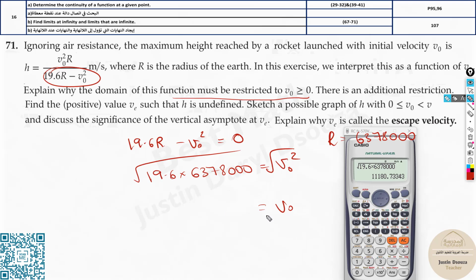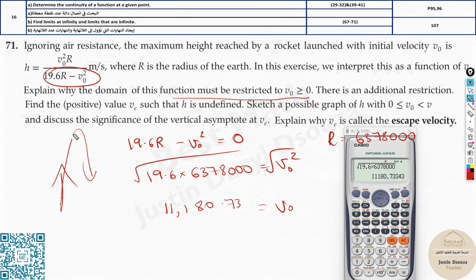So basically, VE is the escape velocity, right? When you launch a rocket, because of gravity, it's going to fall down eventually. But if you launch it with more than 11,180.73 meters per second, then it's not going to fall back.